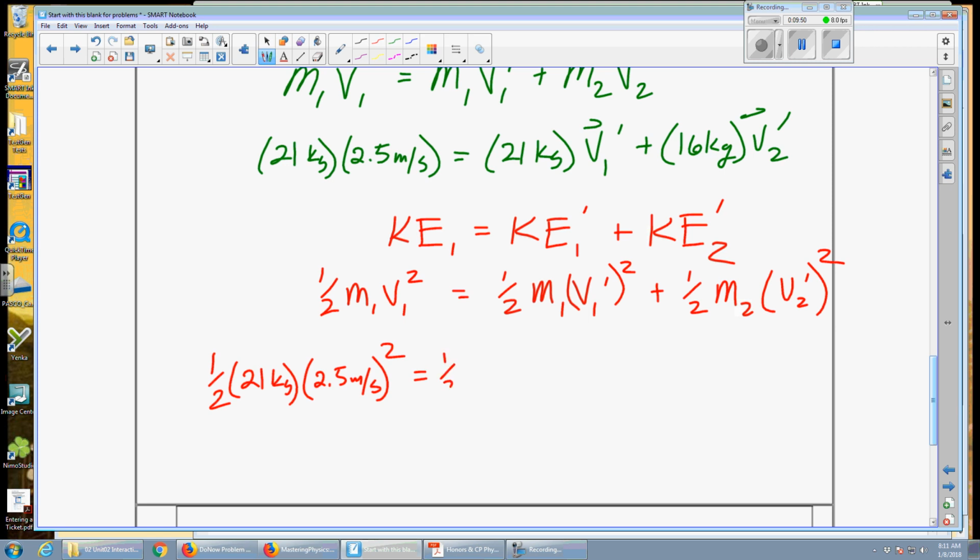Equals 1/2, 21 kilograms, V1 prime squared plus 1/2, 16 kilograms, V2 prime squared.